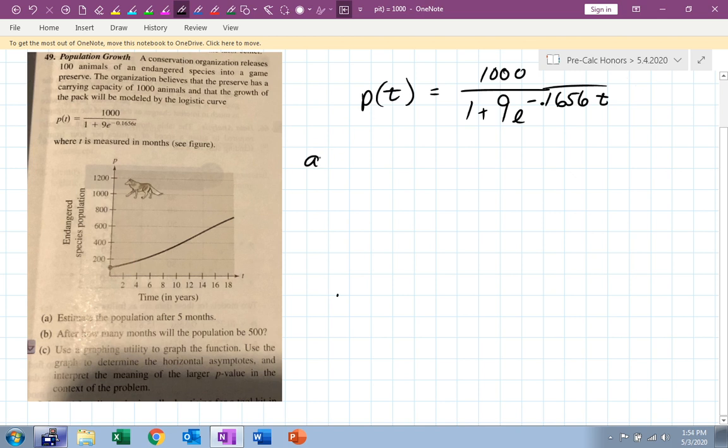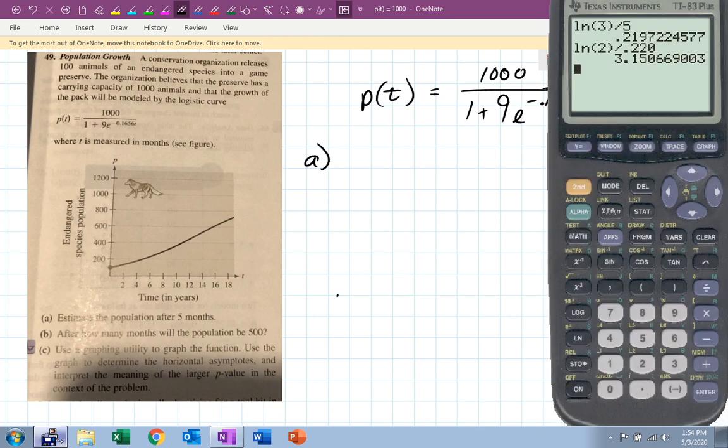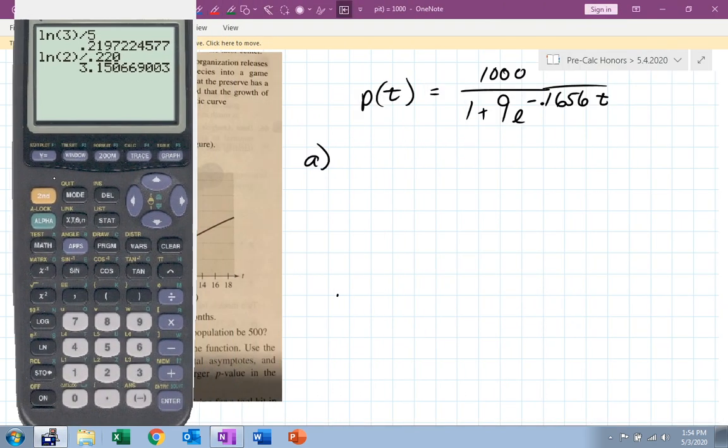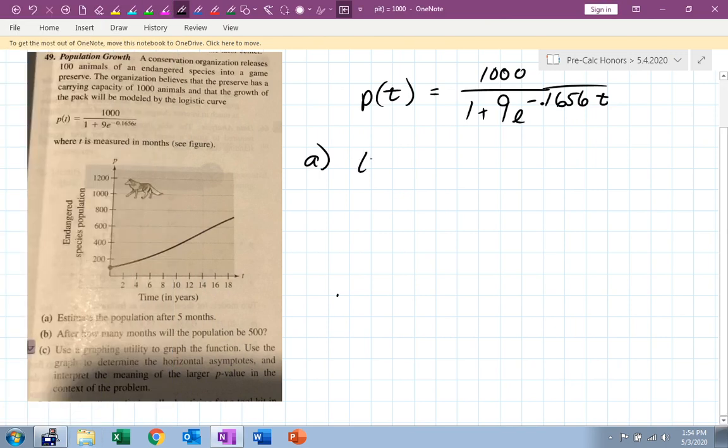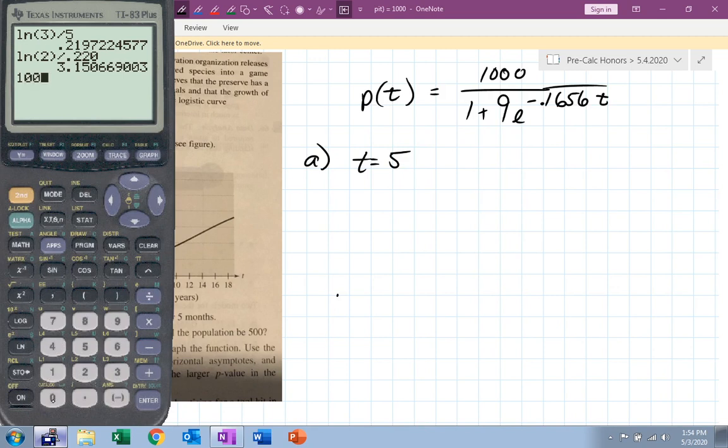Part A says estimate the population after 5 months. I'm just going to plug in t equals 5. So 1,000 divided by 1 plus 9e to the negative 0.1656 times 5. Notice my use of parentheses here. You be very careful with those.